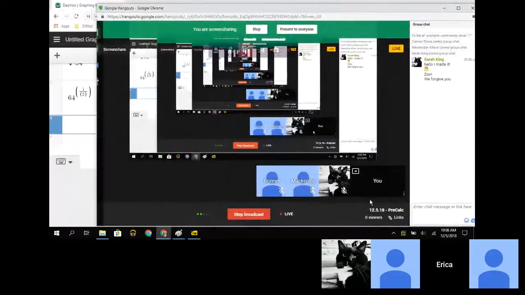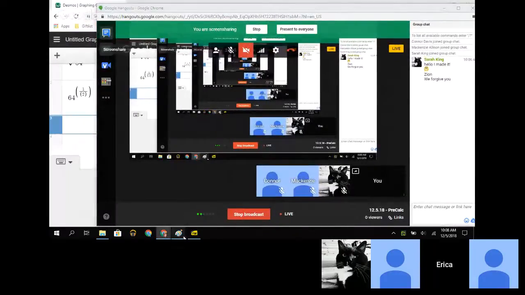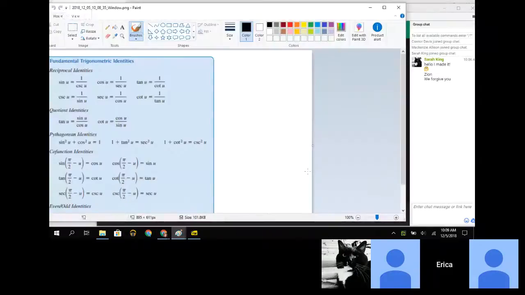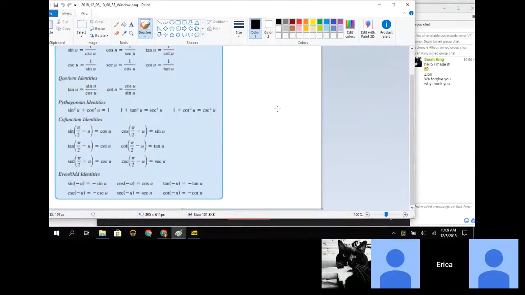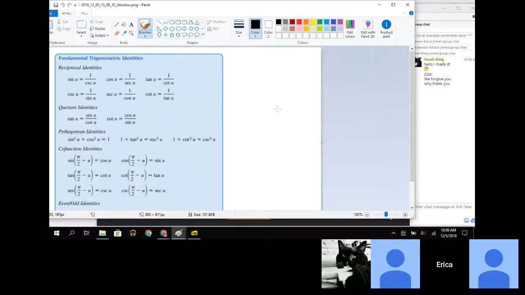So I'll put the chat there, and I'll put my fundamental trig identities here, and then we can see both.